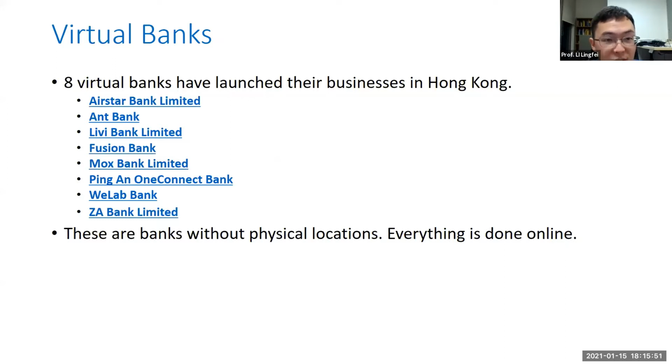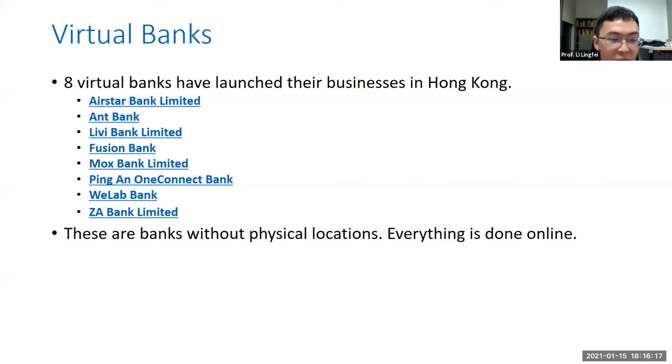Many of these banks are partnered with technology companies. Like Ant Bank, I think it's controlled by Alibaba and another local institution in Hong Kong. So apparently it has a technology background.